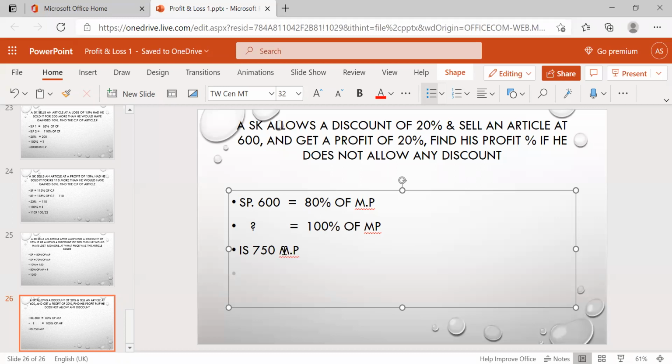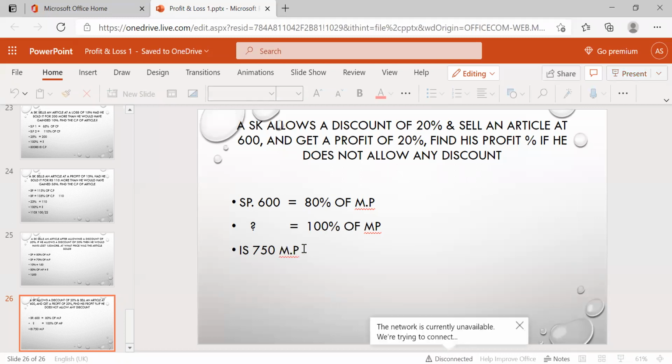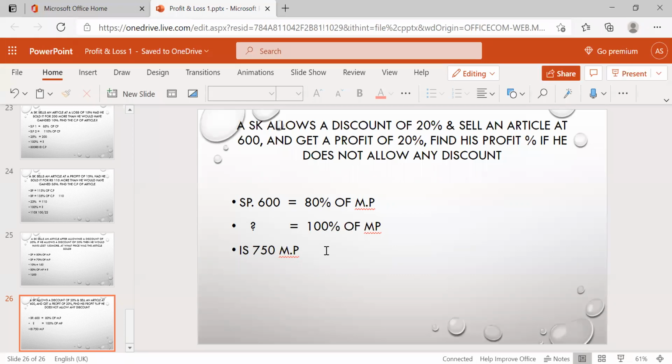So we already have the selling price, which is 600. Based on this, we can find out the cost price. What's the cost price?